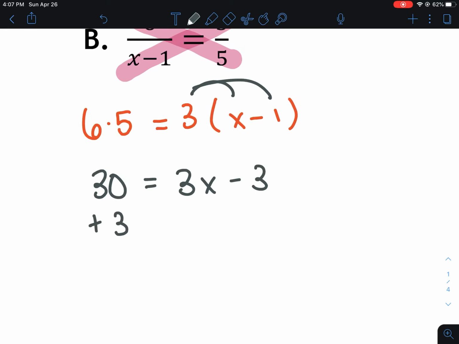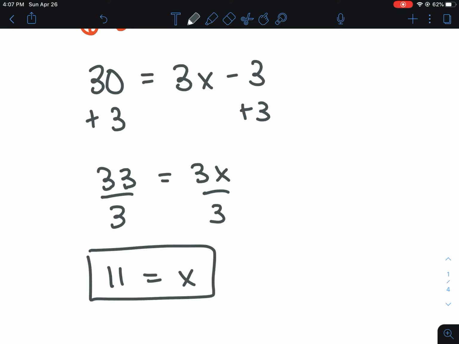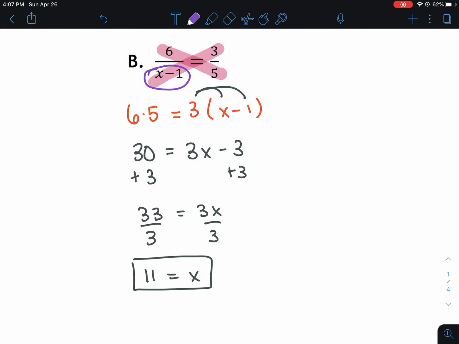Then I'm going to add 3 to both sides, and then I'm going to divide by 3. And I end up getting 11 for x. And when I check 11, if I plug that into this x here, 11 minus 1 is 10. That does not equal 0. So that solution is okay.